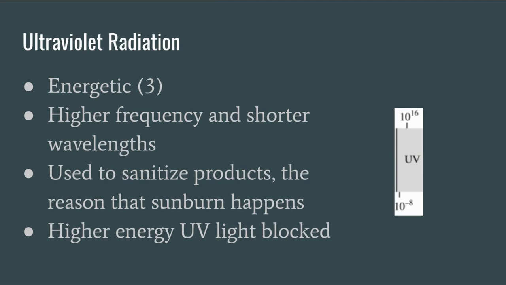The good thing, even though the sun does emit this, the very high energy ultraviolet radiation is actually blocked by our atmosphere. So even though the sun emits the entire spectrum, not all the spectrum necessarily gets to the ground. And you'll see in our next couple that is a very good thing.